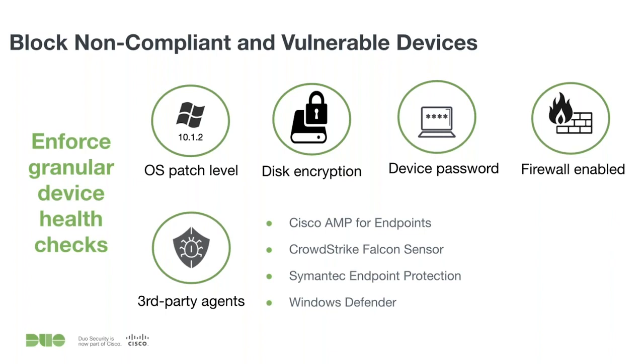We can even check for the presence of a third-party agent on the device itself. And if a device doesn't meet a patch level that you're looking for, or a requirement around a passcode, you can say no access allowed for any application that has Duo in front of it. You can say we're not going to allow access to that application if you don't meet these certain requirements. So it's one use case that we've seen be relatively successful.